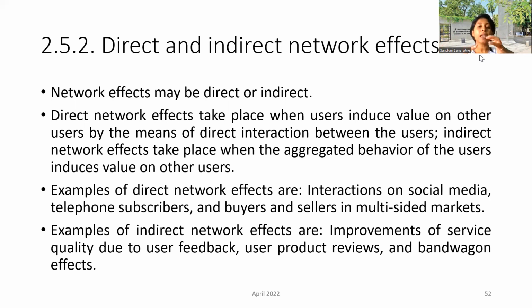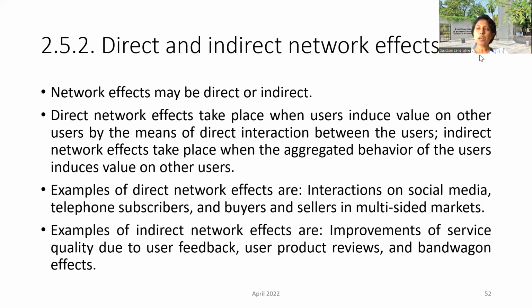Collectively, in an aggregate manner, users provide feedback about the nature of the network. Then perhaps the network administrators take note of this feedback, revamp the network, and improve the service quality of the network. Also, user product reviews and bandwagon effects.